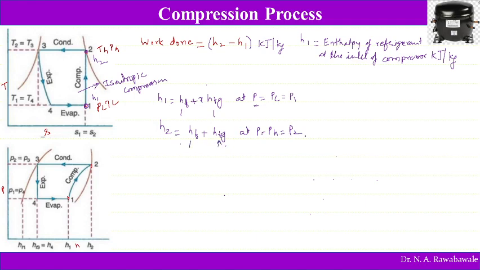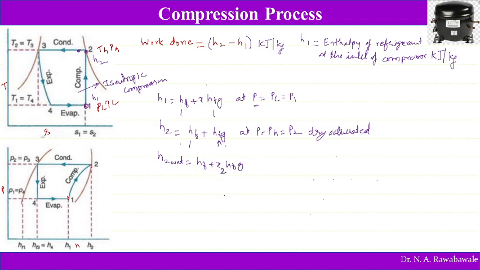When the refrigerant is dry saturated, this is one case. If the refrigerant is wet at point 2, this point will be somewhere in this region. If it is in the wet region, then it is taken as hf plus x hfg.